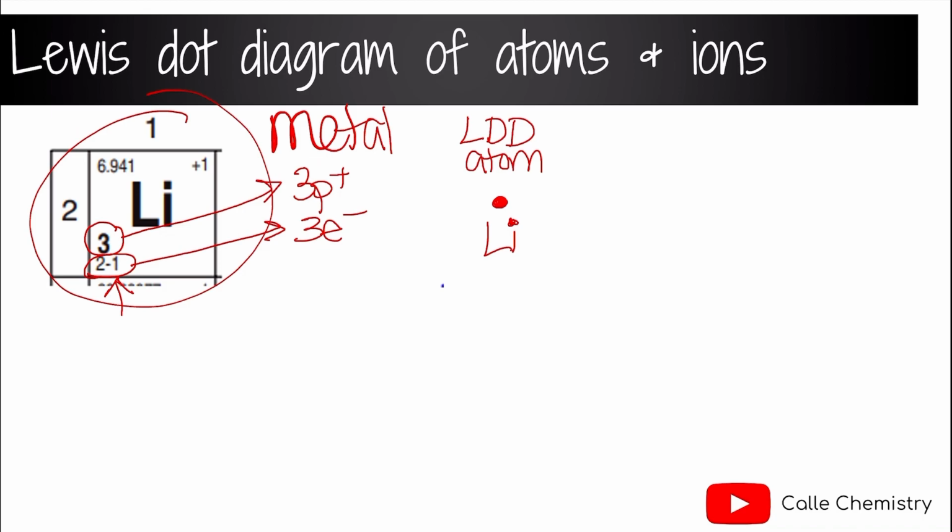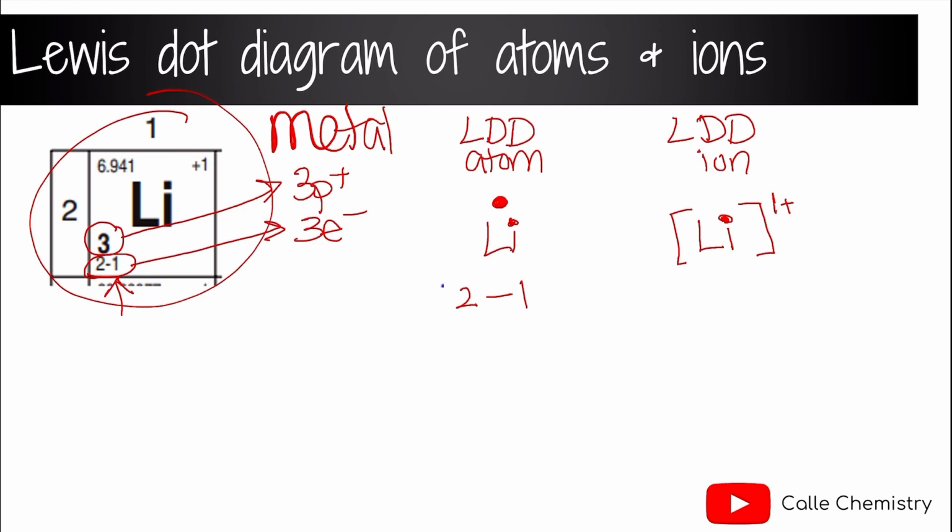Okay. And now, in order for lithium to become like one of the noble gases, it's going to lose an electron. So over here, as an atom, it has an electron configuration of 2-1. After it loses 1 electron, the LDT of the ion will be lithium with no dots around it because it lost that valence electron. It will have brackets and it will have a +1.